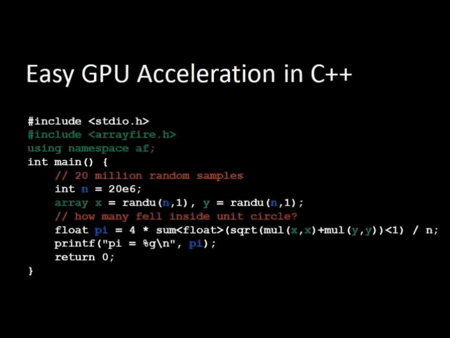We're trying to compute the value of pi from some random samples, doing a statistics calculation here. And all you do to estimate the value of pi is you create a bunch of random samples and then look at the proportion of those that fall inside of the unit circle.